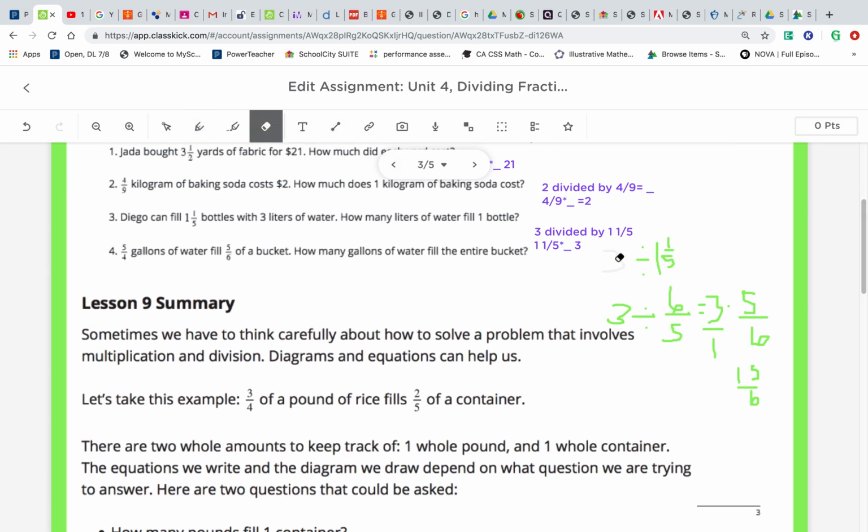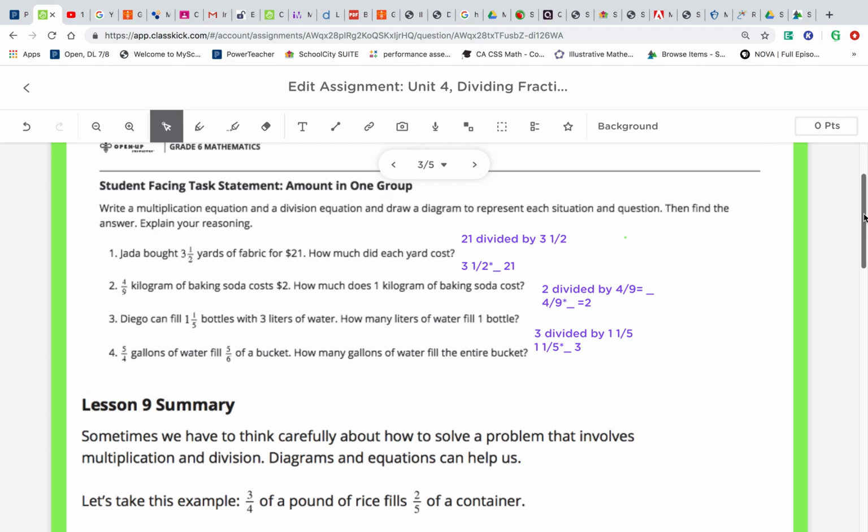So last question of the activity: 5/4 gallons of water fill 5/6 of a bucket. Okay, so this is a little bit interesting because you really need to make sure you are paying attention to what's going on here. We have the same situation being described here, right?